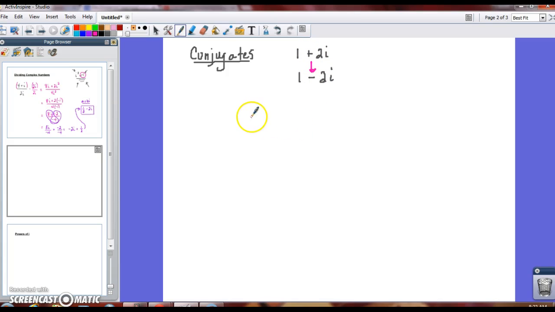And the reason that is extremely useful is because of this. If I were to multiply any complex number by its conjugate, I am actually going to get rid of the i in the expression. Watch what happens. If you use FOIL, okay, that means you multiply your first two terms together.